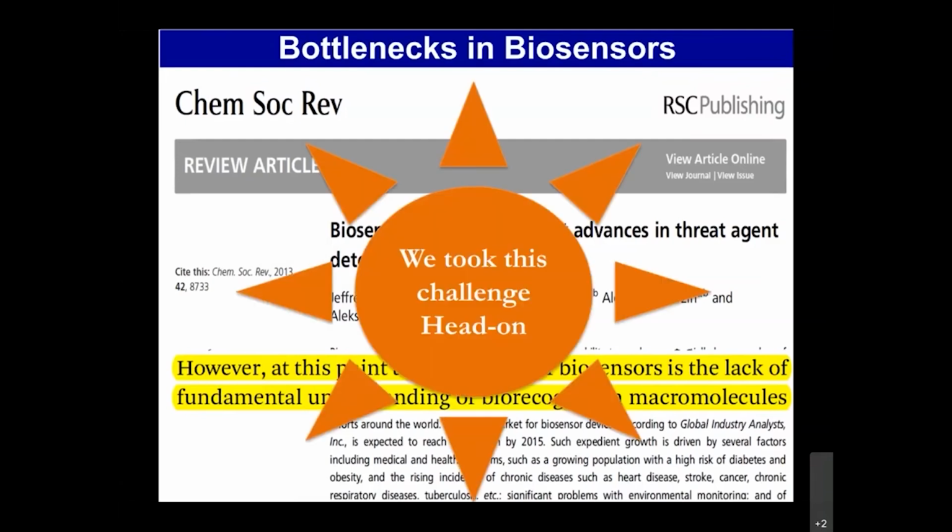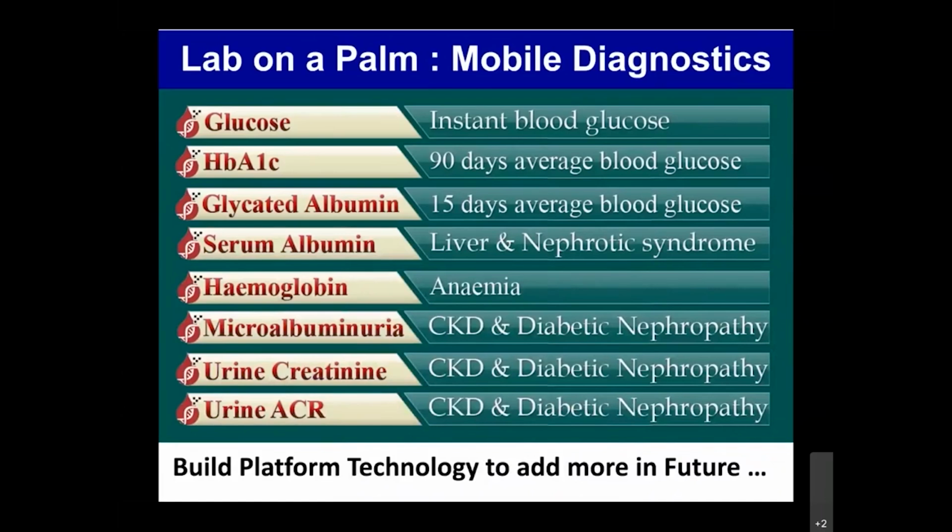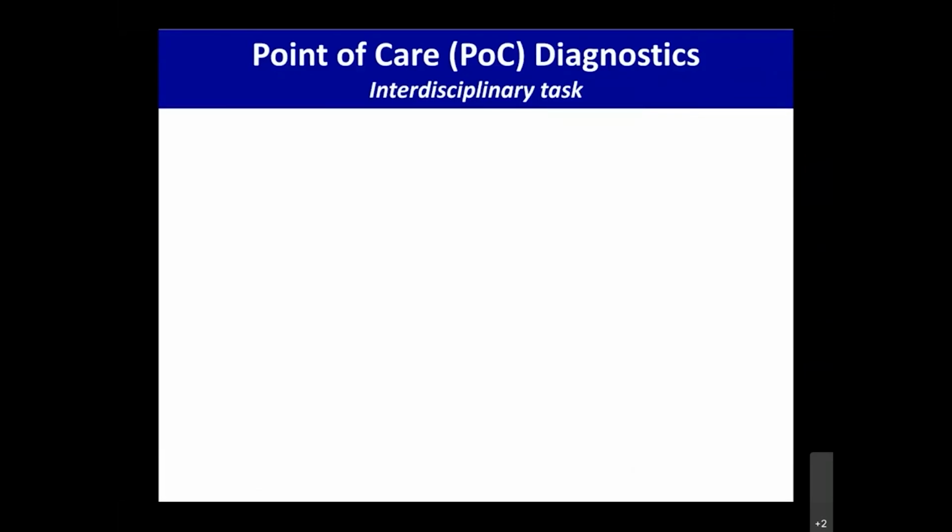So this is what we started looking at, and our thought process was that let's build not a glucometer but a lab on a palm, a mobile diagnostic platform, which can have multiple test strips for different ailments, right? So thereby you will be able to do multiple tests on a single device, right?